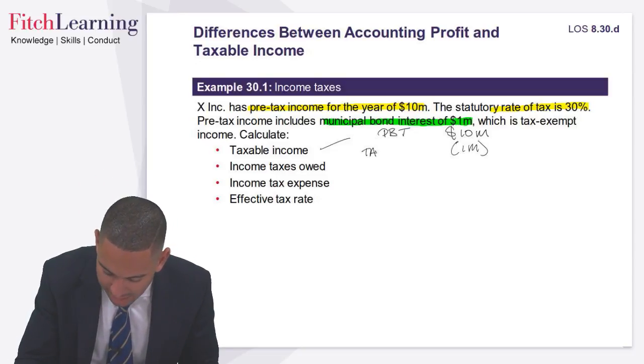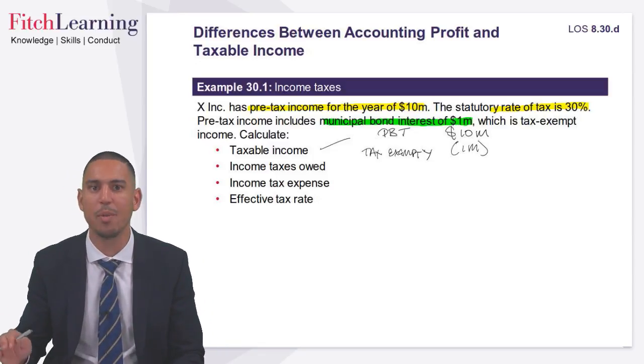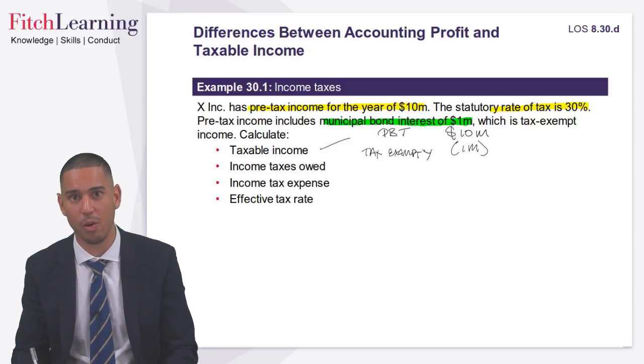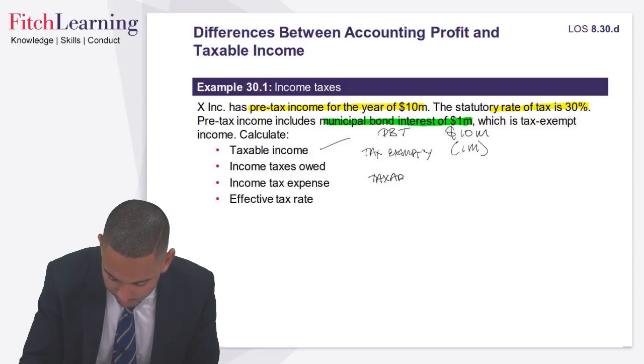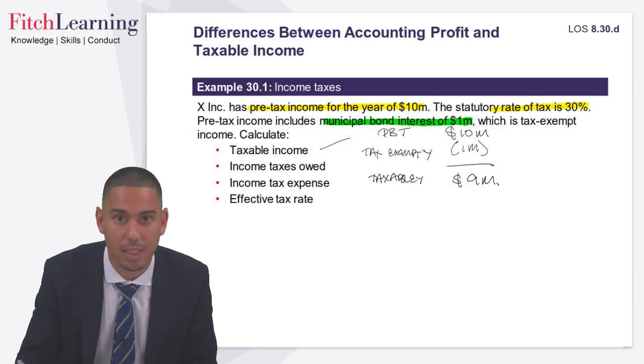So we've got my tax exempt income. I'm going to put a Y for income. This is a permanent difference. And then, in this example, we've got nothing more. So my taxable income is going to be 9 million.